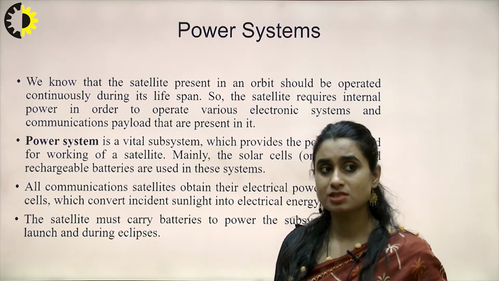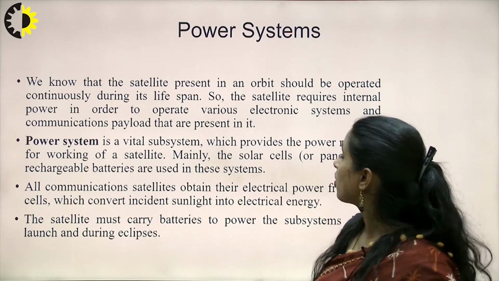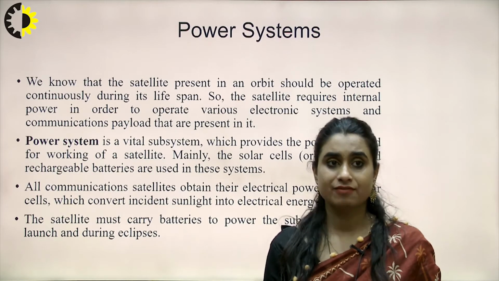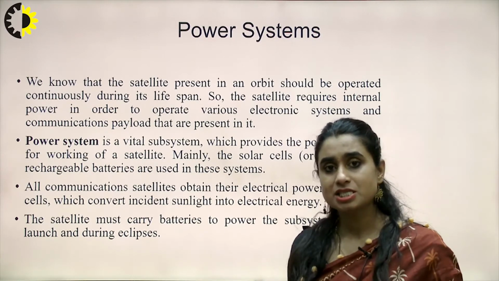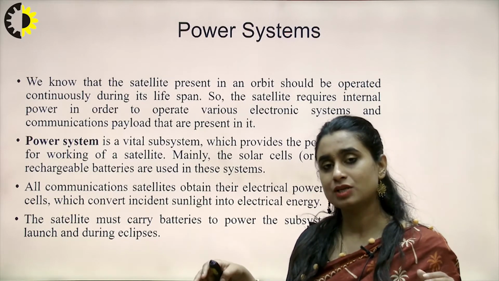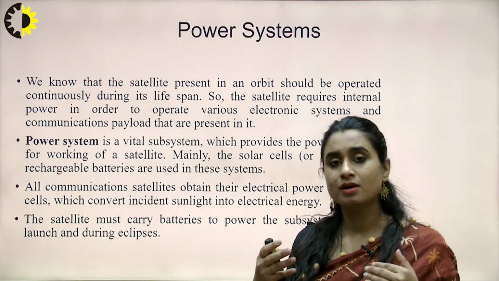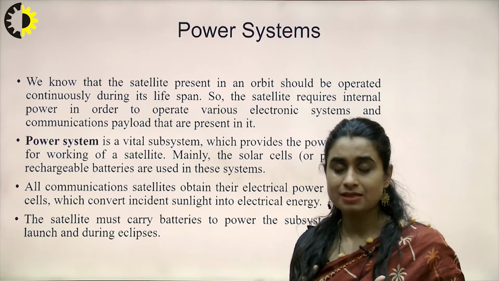Now, we are talking about the power system, right? So, basically what are power systems? We know that a satellite present in an orbit should be operated continuously during its lifetime. So, what does a satellite require? A satellite must be equipped with solar panels that will obtain energy from the sun and that will be used for the working of the satellite. So, we need solar panels, right?